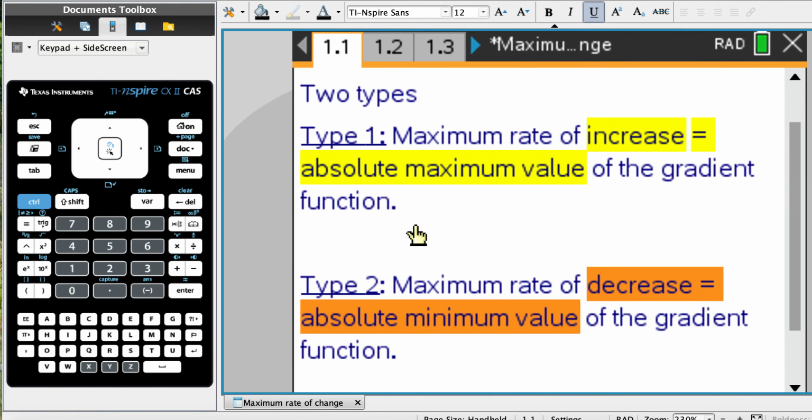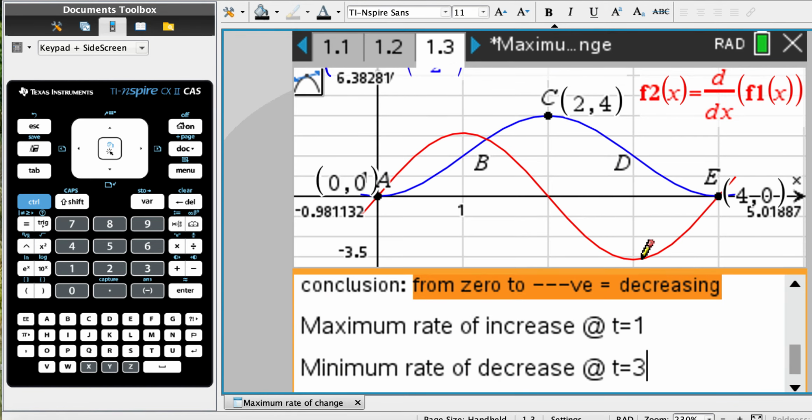Alternatively, look back at the other summary that I put. The maximum rate of decrease simply equals the absolute minimum value of your gradient function. My gradient function was in red here, and as you can see at t equals 3, which is right here, you must agree with me that this point right here is the lowest point, isn't that right?